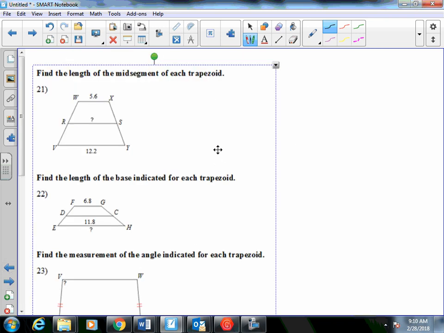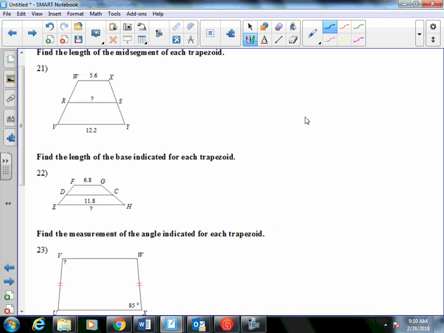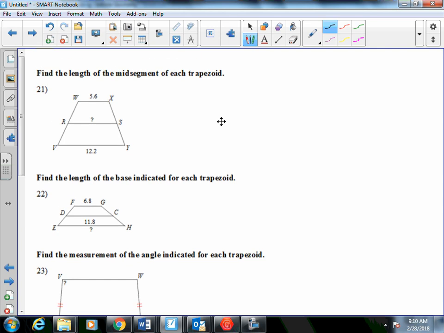All right, 21, find the length of the mid-segment of each trapezoid, of which there's just one. Remember that the rule for mid-segments is that the mid-segment is equal to 1/2 of the sum of the two bases, or really just the average of the two bases.